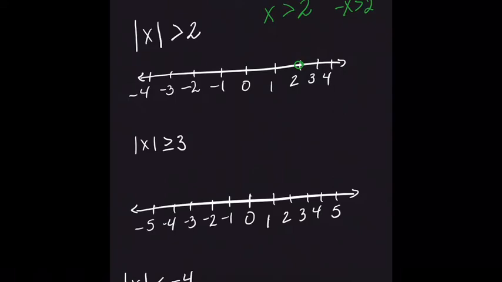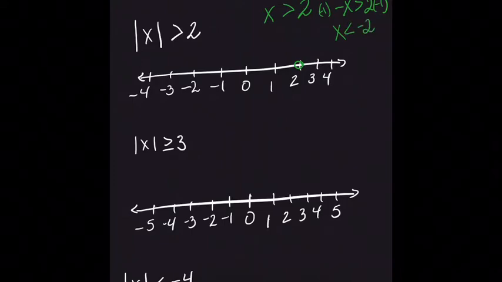But if x is negative, we have to multiply both sides of the inequality by -1, and that shows us that x is less than -2. So if x is greater than 2, then we have an open circle at 2, and if it's less than -2, we have an open circle at -2 going that direction.